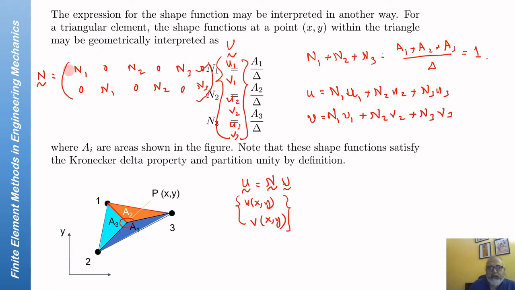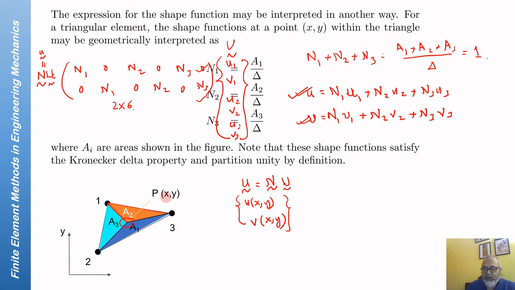So the first row times this gives you this equation. The second row times this gives you the second equation. So N times U is what I have written, and that is equal to small u. So these two equations are written like this. That's why this is a 2 cross 6 matrix. Now I have N1, N2, N3 directly, and therefore I can actually write them down.